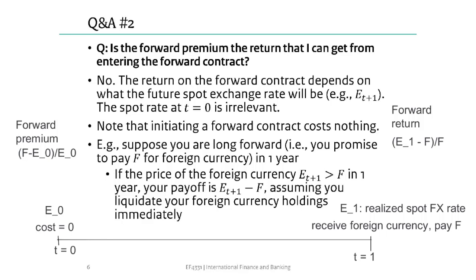A return is the comparison between the realized future price versus the forward price. So in the case I'm long forward, you can think of it in two ways. One is a hedge to remove risk, right, FX risk. The other interpretation of a long forward contract is I'm wagering, or betting, that the underlying asset will exceed the price that I will pay in the future.